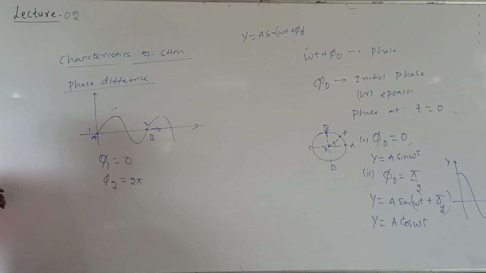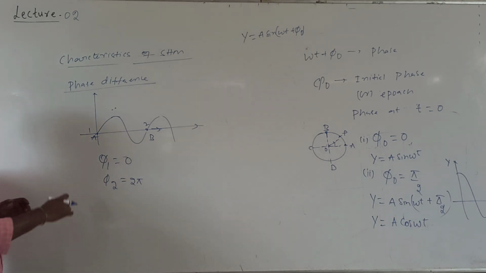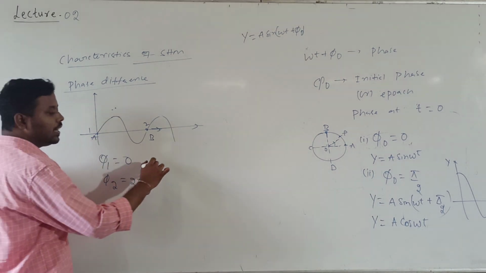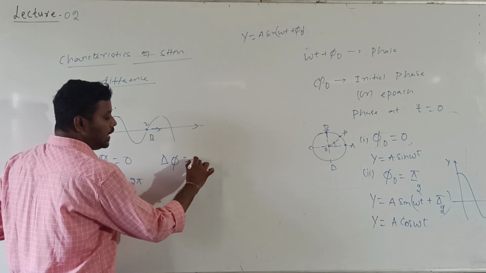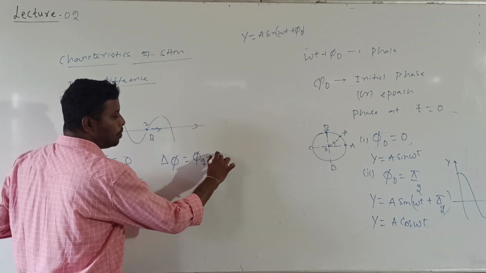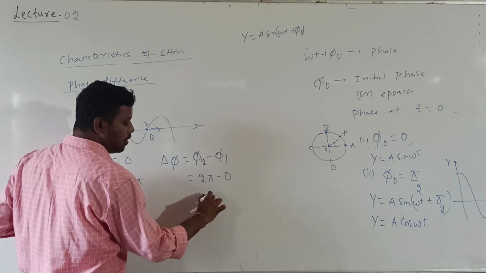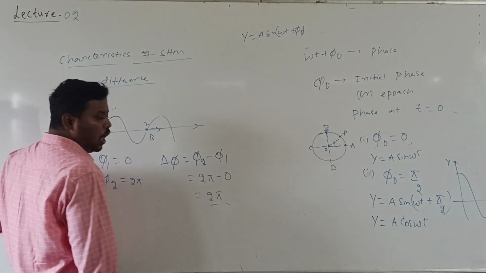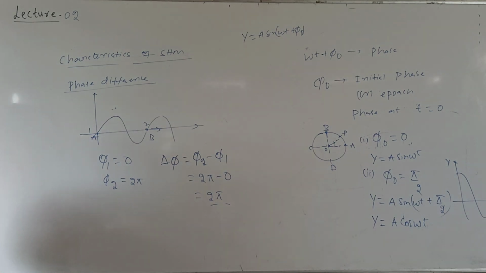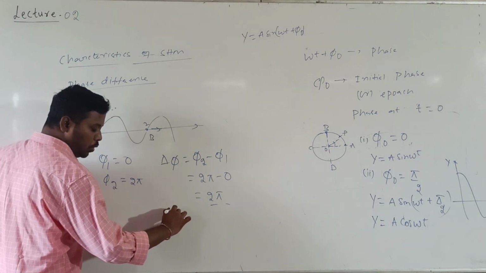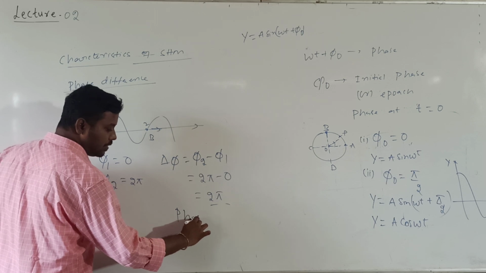So what is the meaning of phase difference? Phase difference means the difference in the phase angles. So delta phi is given by phi 2 minus phi 1. Phi 2 value is 2 pi minus 0, so what I will get is 2 pi. Whenever the phase difference between two particles is 2 pi, the two particles are said to be in phase.